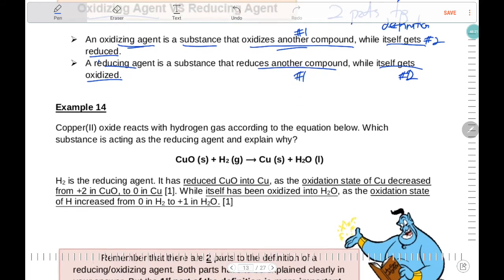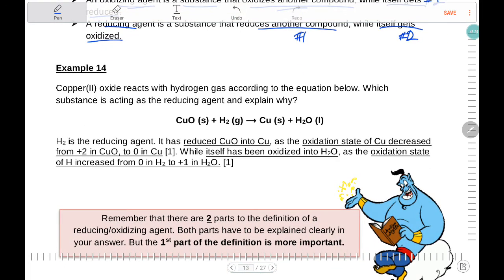Okay, so how do we answer the question? For instance, here's an example. Copper 2 oxide has reacted with hydrogen according to this equation. So who is the reducing agent? Same thing, I'll figure out copper is +2, oxygen is -2, 0, 0, +1, -2.